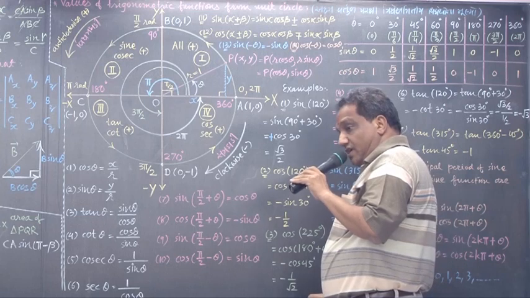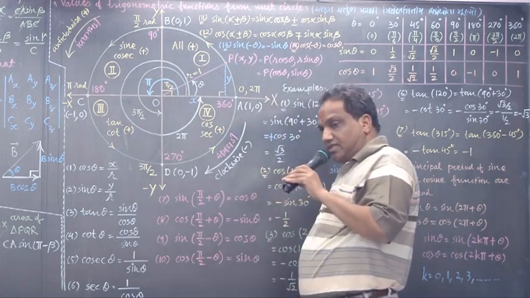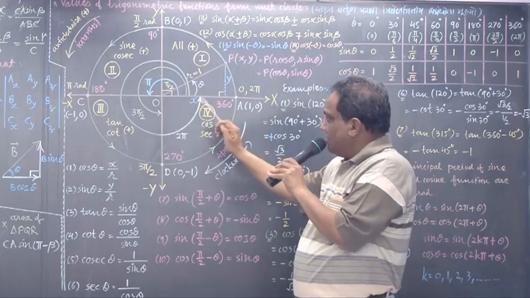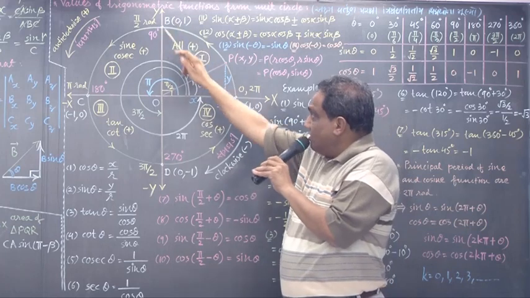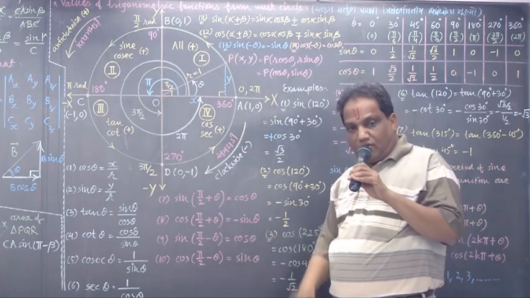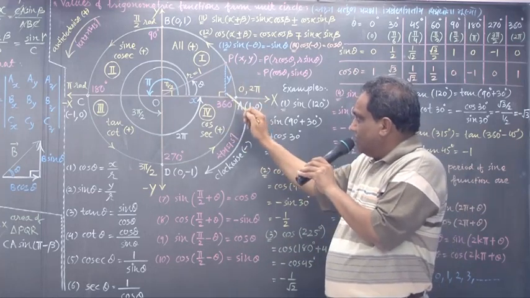What is the basic meaning of the x coordinate? Perpendicular distance from the y-axis. And what do you mean by the y coordinate? Perpendicular distance from the x-axis. Very good.